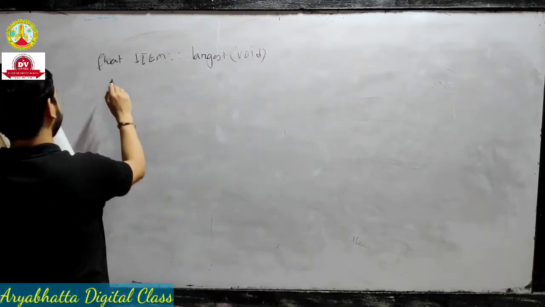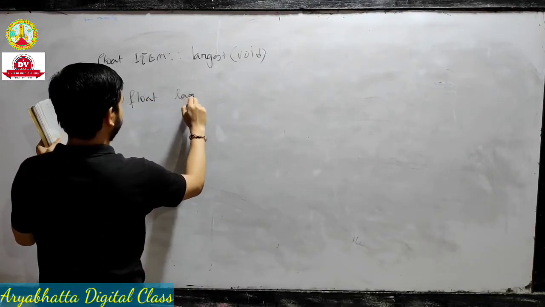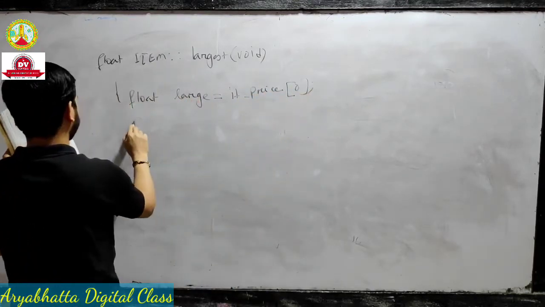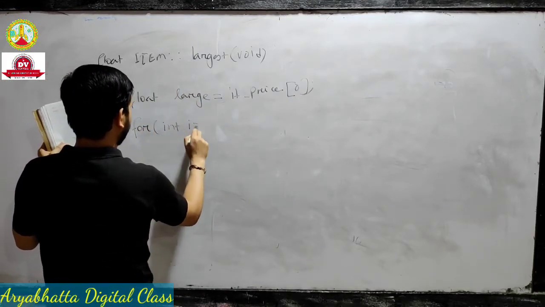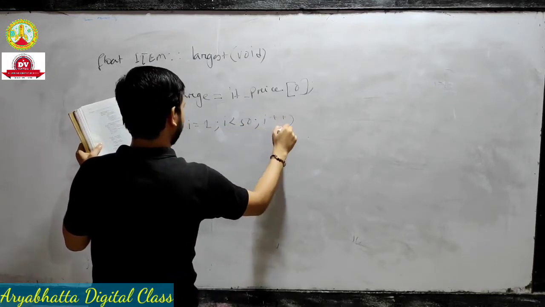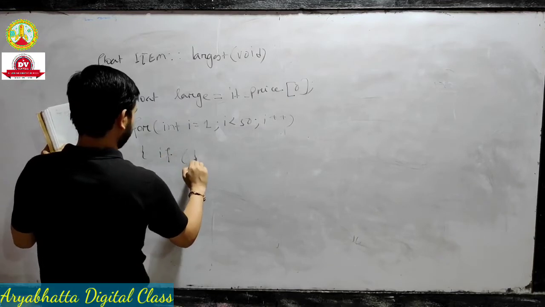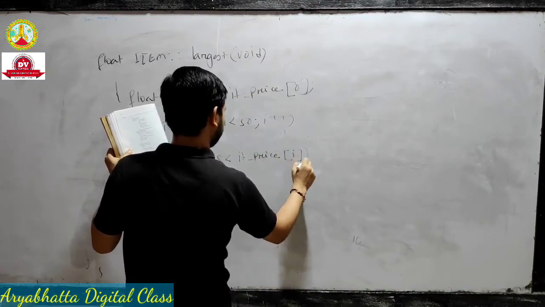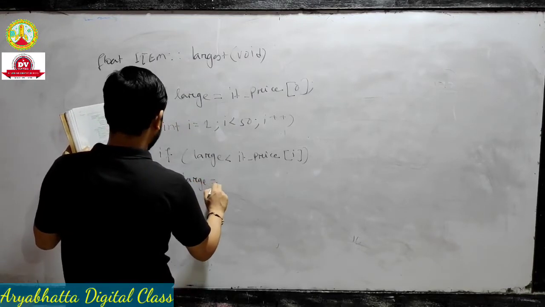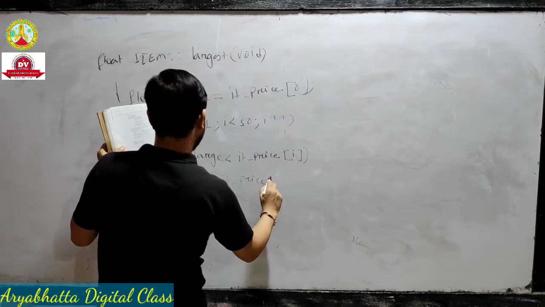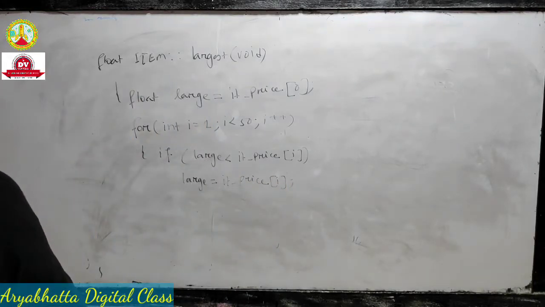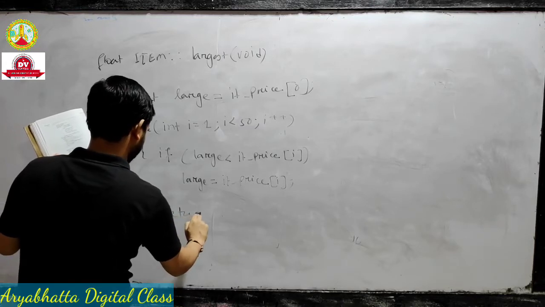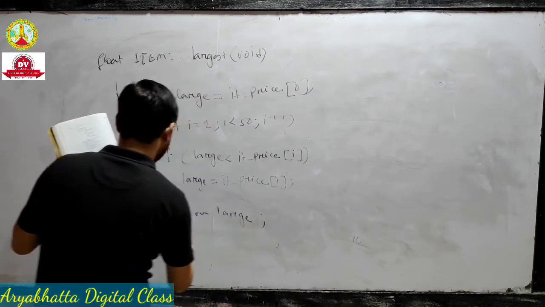We take now, what is the largest price? float large = it_price[0]; for (int i = 1; i < 50; i++) if (large < it_price[i]) large = it_price[i]; return large, okay.